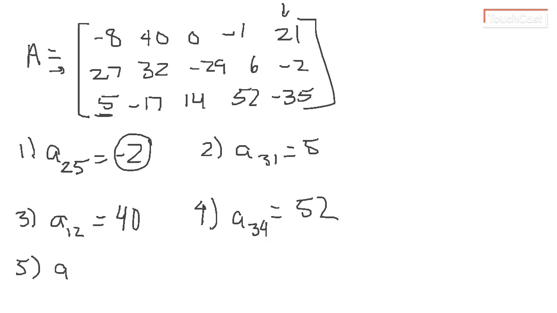We're going to look at A15, that's first row, fifth element. That's 21. And then the last one we're going to look at before moving on, A22. That's second row, second element. That's going to be 32.